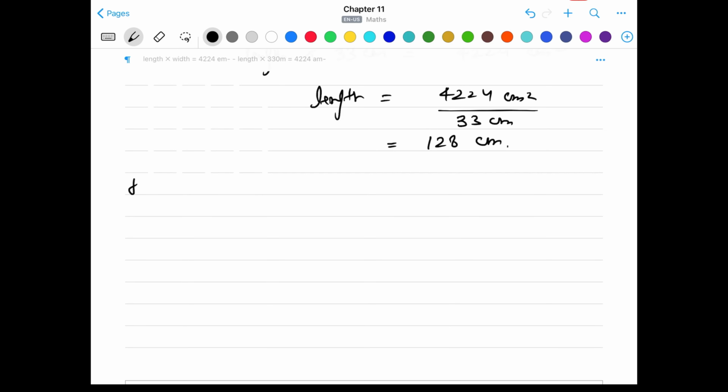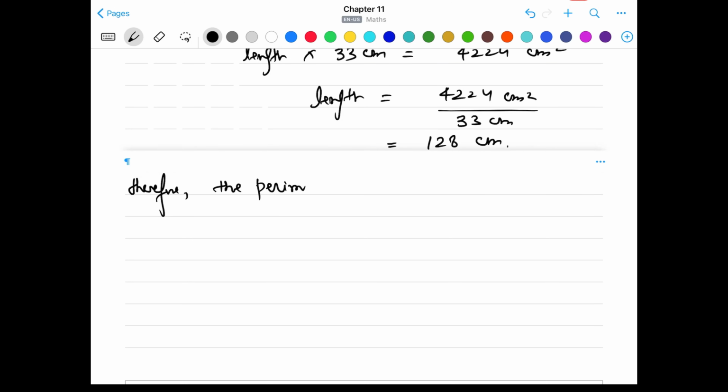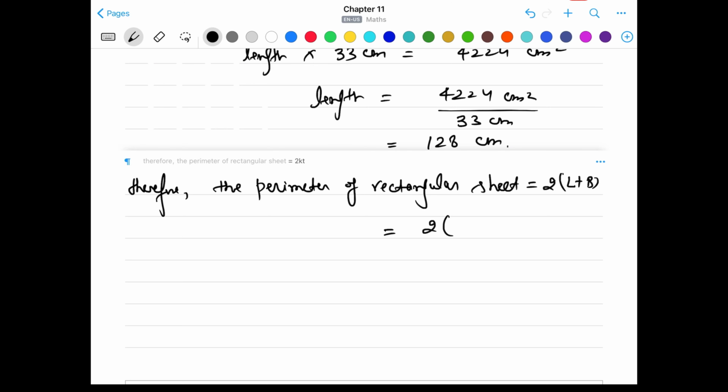Therefore, the perimeter of the rectangular sheet: we know the perimeter of a rectangle is given by 2 into (L plus B), that is length plus breadth. Length we have calculated as 128, and width is given as 33.